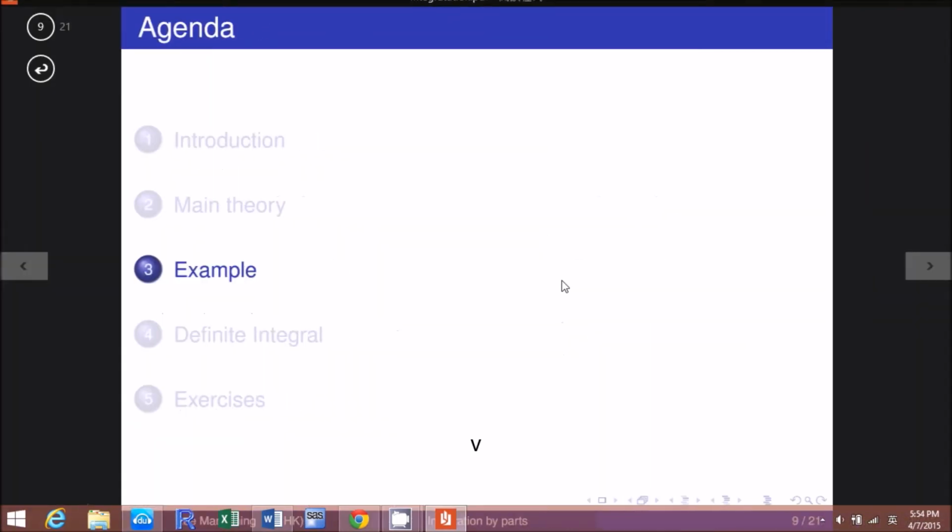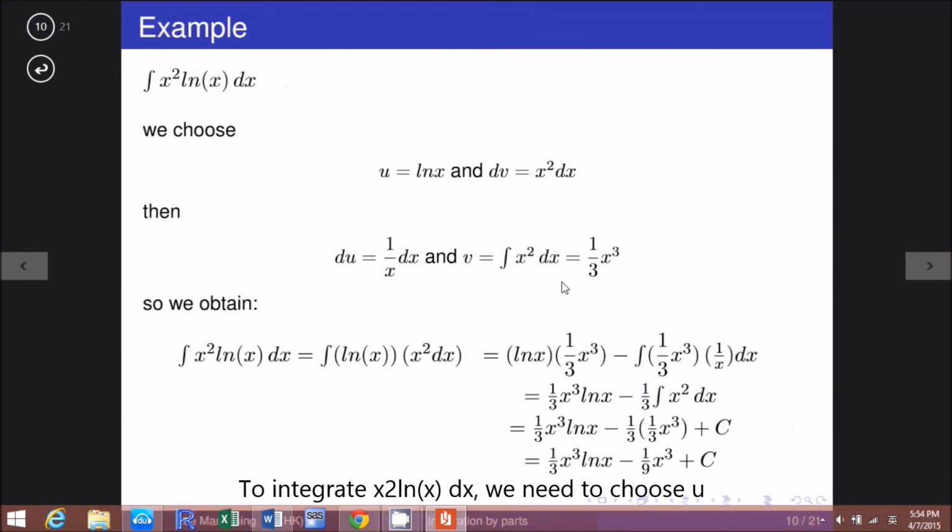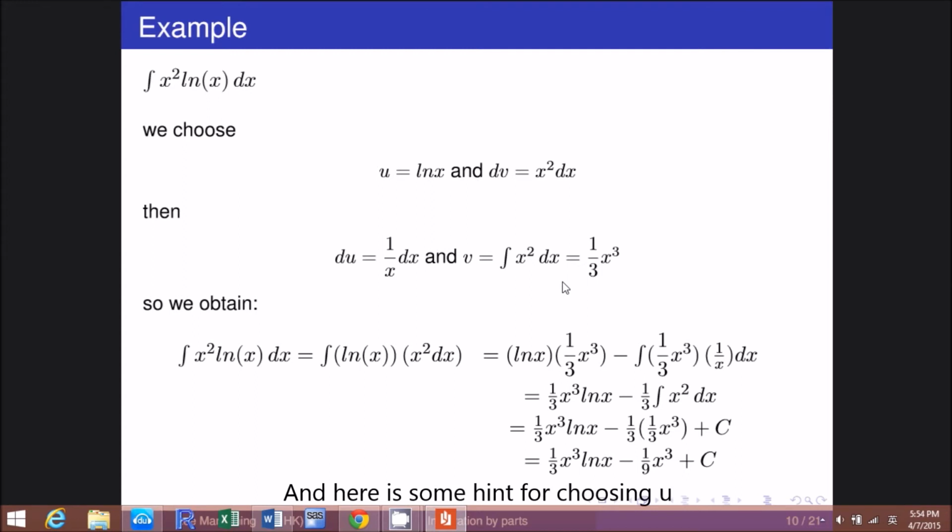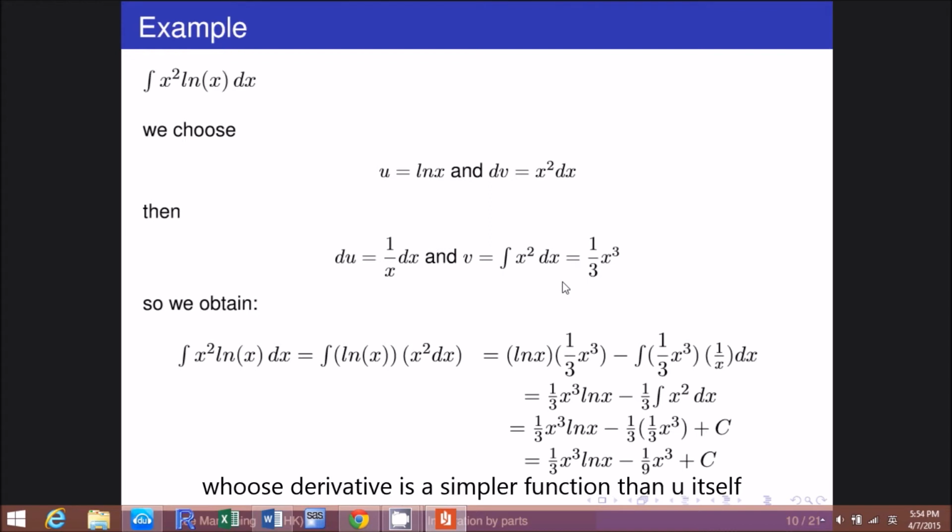Let's do one example. To integrate x squared log x with respect to x, we need to choose a u. And here is a hint for choosing u. We choose u to be the portion of the integrand whose derivative du is a simpler function than u itself.